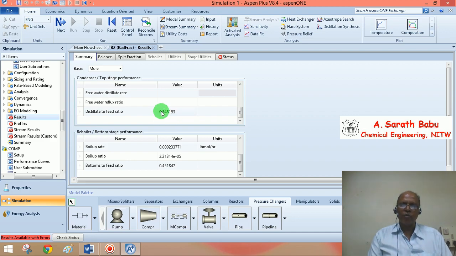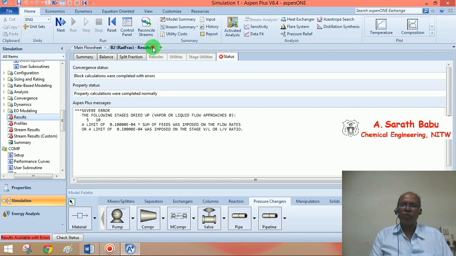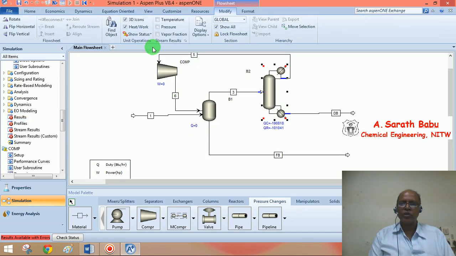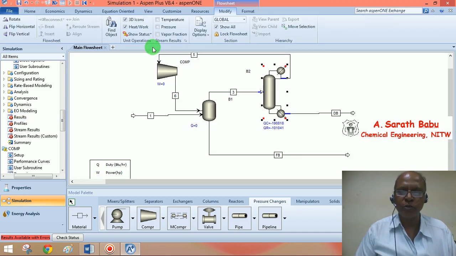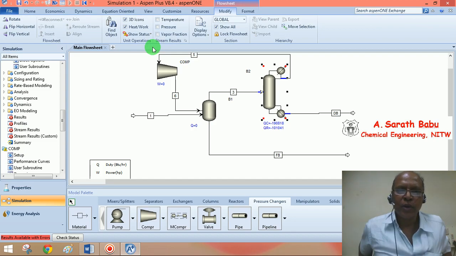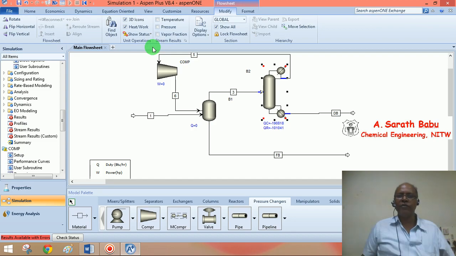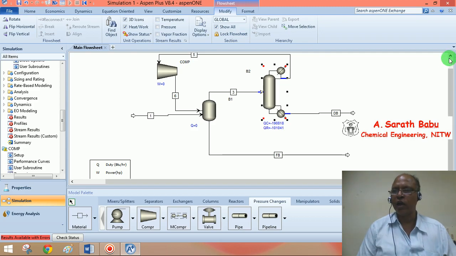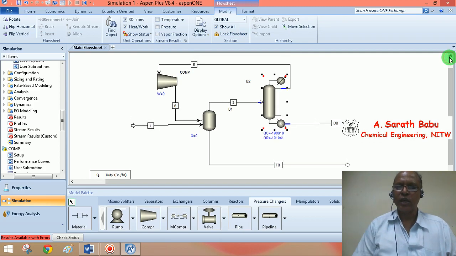So the objective function has been optimized when the distillate to feed ratio is 0.54. In fact, if you are interested, you may run this problem with each of these variables as separate optimization problems and try to combine them, and see whether there is any variation when you try to vary all the three variables at once.